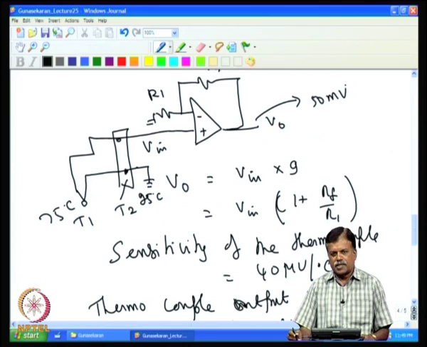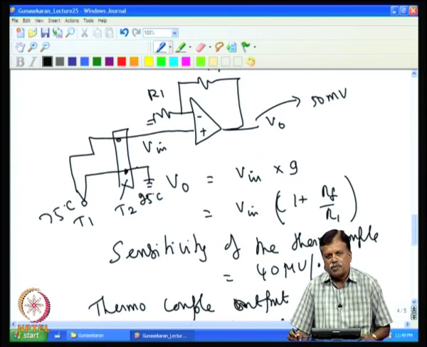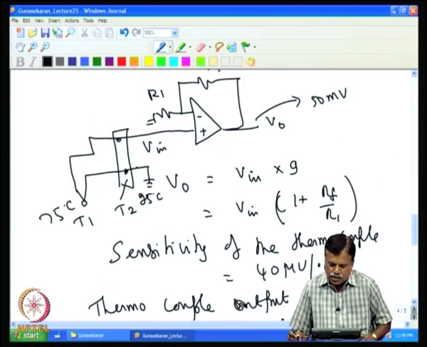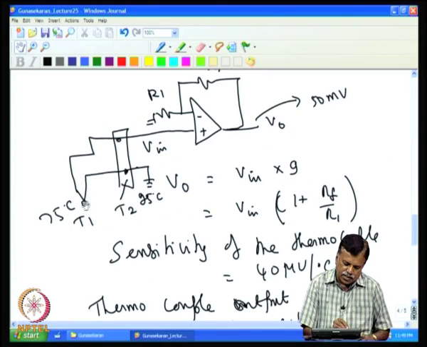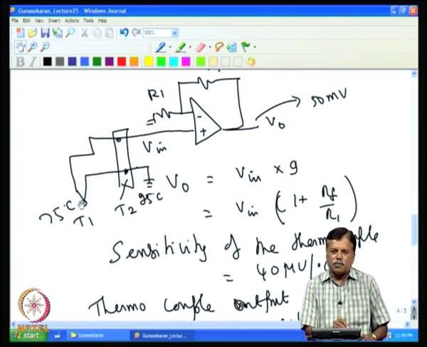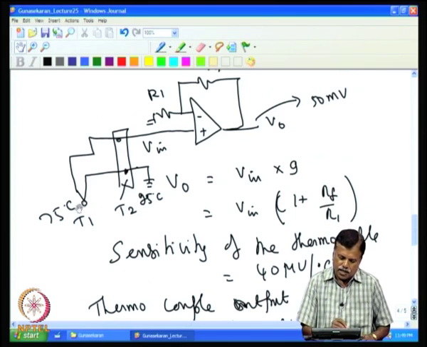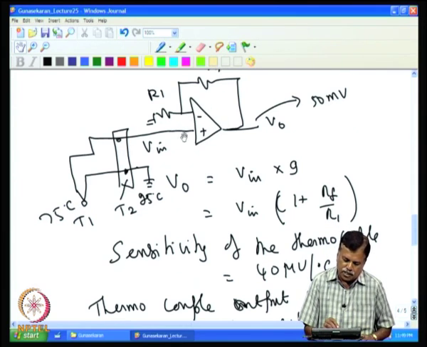This 50 millivolts is supposed to be stable over the operating temperature of this op amp. It is assumed that the operational amplifier is kept in the working environment. This junction is kept at the place where the temperature is to be measured, and the op amp is probably kept at room temperature because this is inside the instrument.